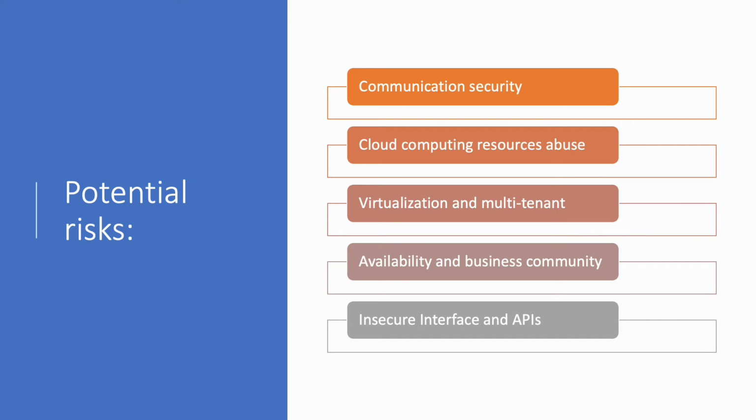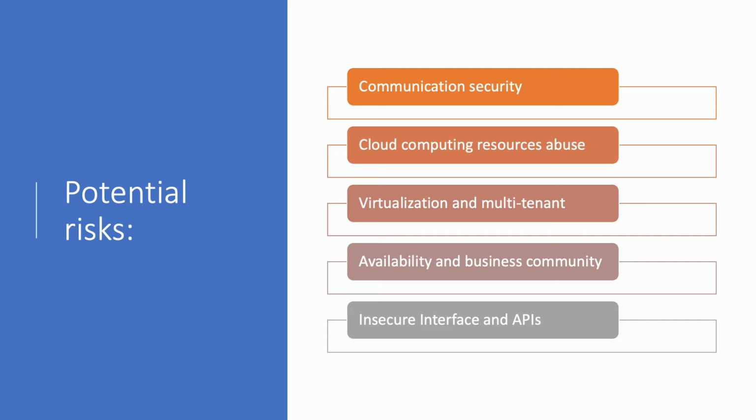In this paper, the author analyzed potential threats and risks for cloud computing. The top threats are data breaches, data loss, account or service hijacking, and shared technology vulnerabilities. Other threats and risks include unauthorized access, communication security, and storage security.